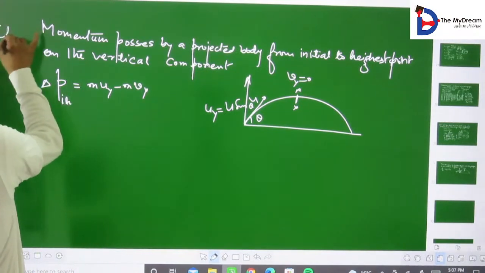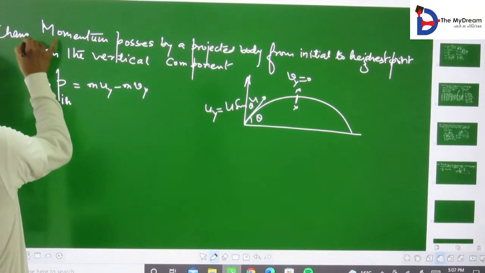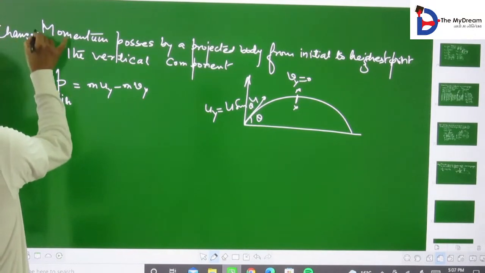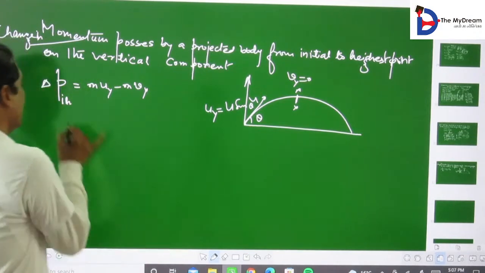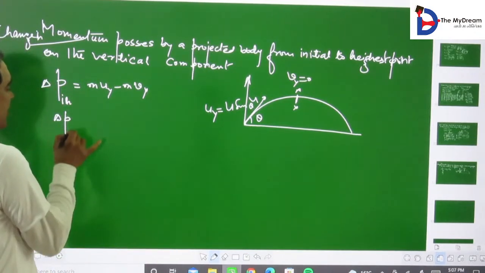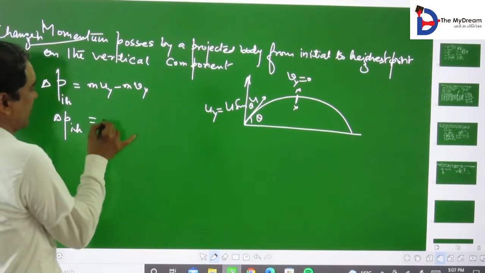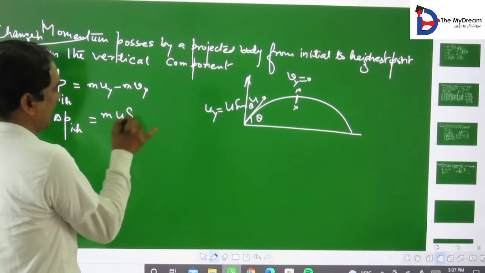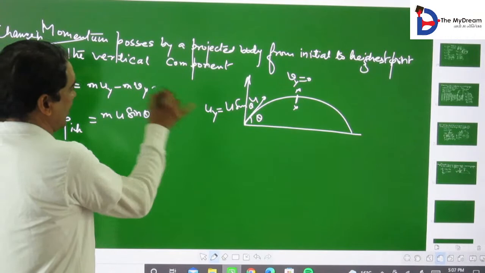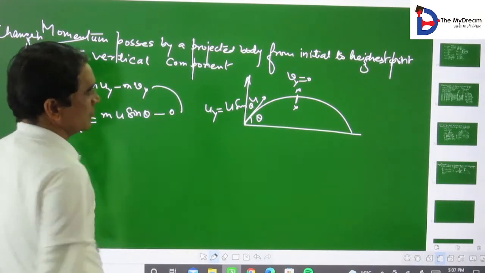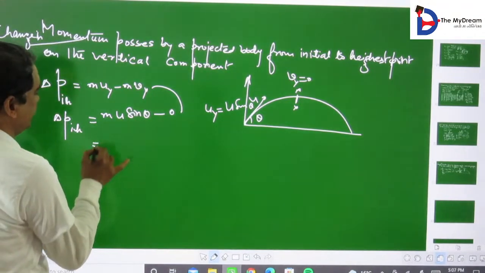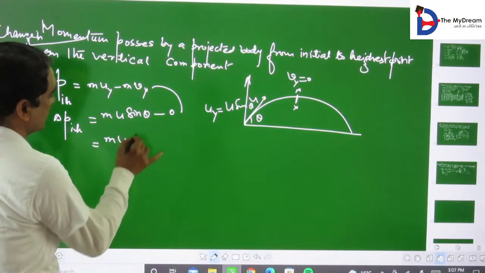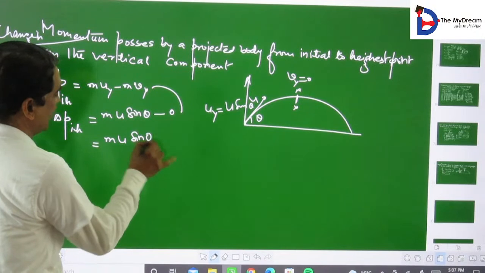Change in momentum भी आप बोल सकते हो. So the change in momentum from initial to the highest point is given by m u sin theta. And this is 0, because at the highest point, m u sin theta.